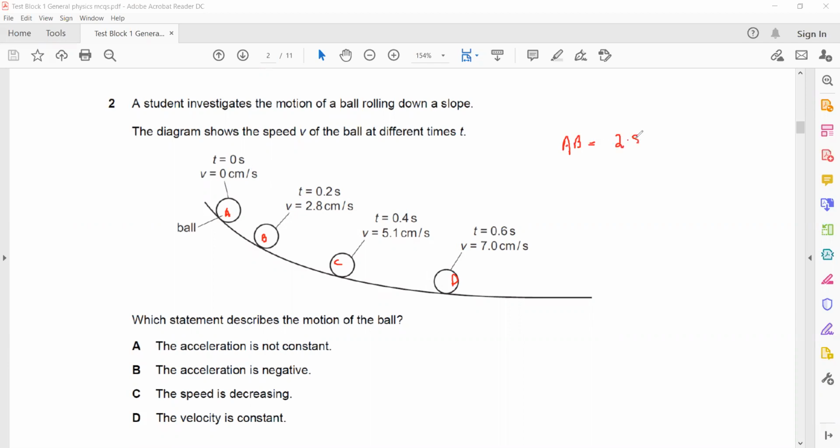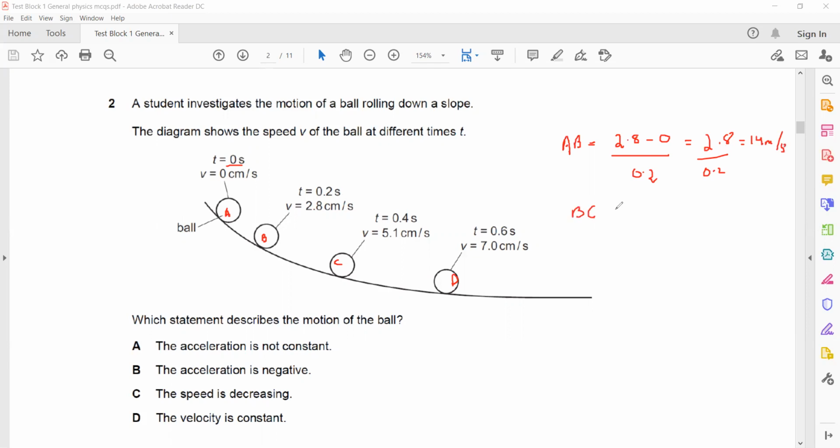So it's 2.8 minus 0, divided by the time interval. It started at 0, and now it's 0.2, so the interval is 0.2 minus 0, which is 0.2. So 2.8 divided by 0.2 gives you 14 meter per second square. That is the acceleration from A to B.